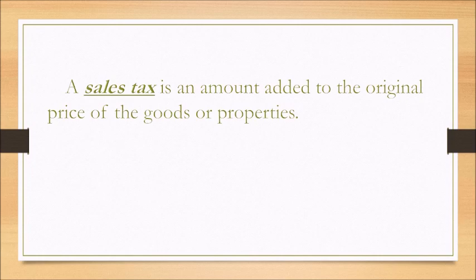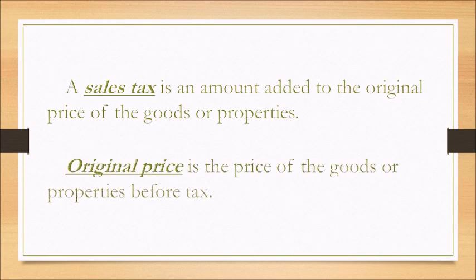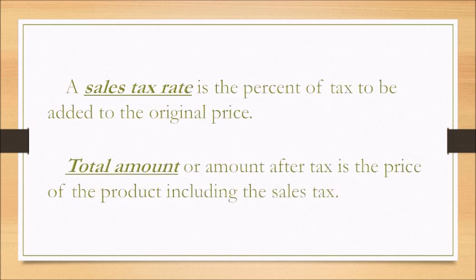A sales tax is an amount added to the original price of the goods or properties. Original price is the price of the goods or properties before tax. A sales tax rate is a percent of tax to be added to the original price. And total amount, or amount after tax, is the price of the product including the sales tax.